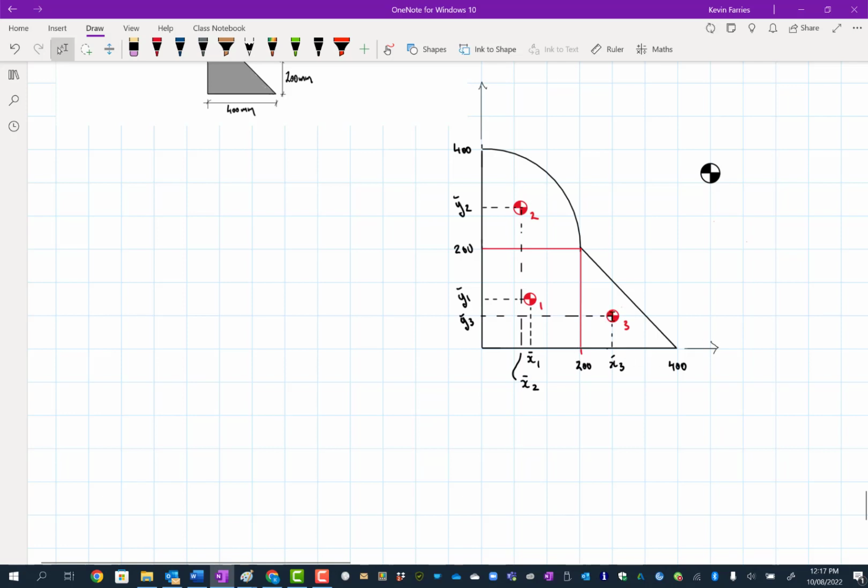Now, when you're drawing on these centroids, just be careful to always think about, look, is this actually the balance point? Sometimes this triangle might be flipped the other way around, in which case you have to start 1/3 from the other side. Do you know what I mean? And so suppose this triangle was like this. Your centroid would be coming 1/3 this way and 1/3 that way to get the balance point.